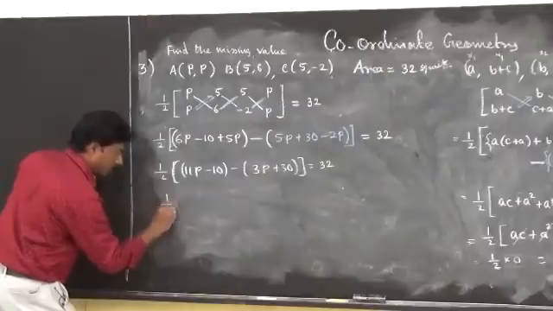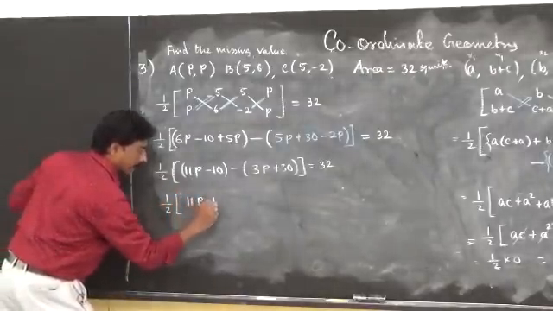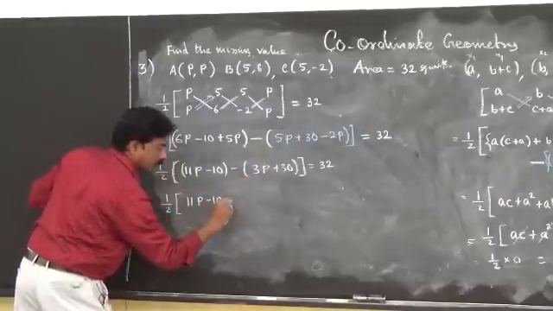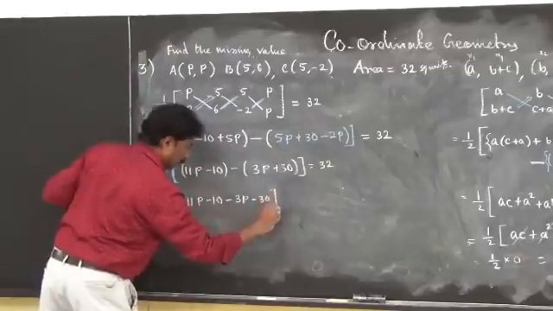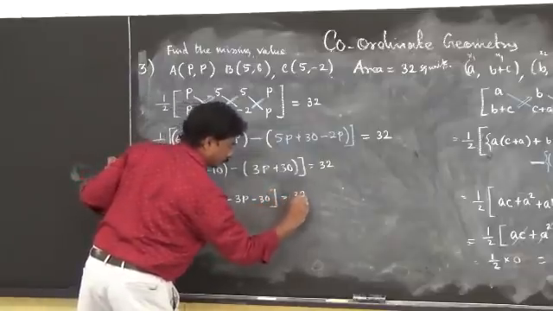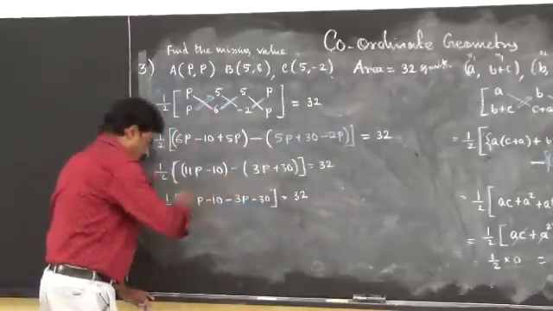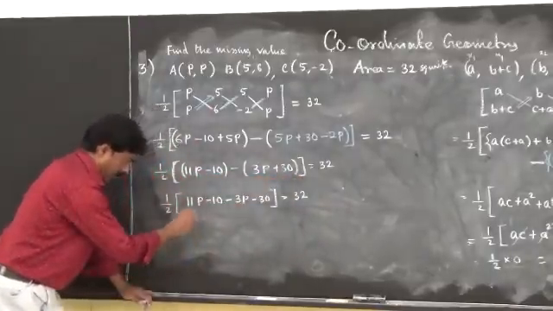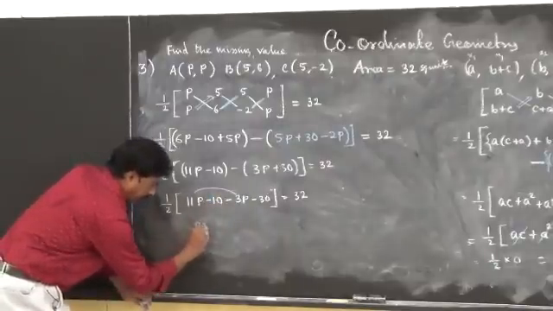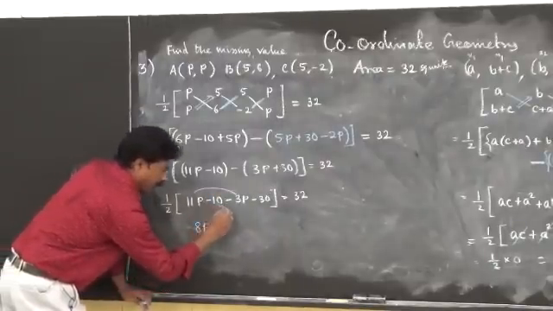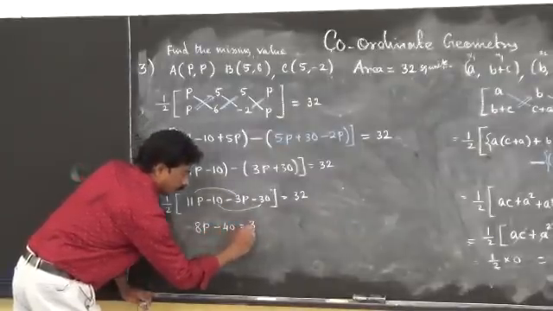So 1 by 2, 11P minus 10, remove the bracket, change the sign, minus 3P minus 30 is equal to 32. This 1 by 2 you can take that side. When you take that side, the 2 will go to the numerator. So here, 11P minus 3P becomes 8P. 8P minus 10 minus 30 becomes minus 40, is equal to 32.